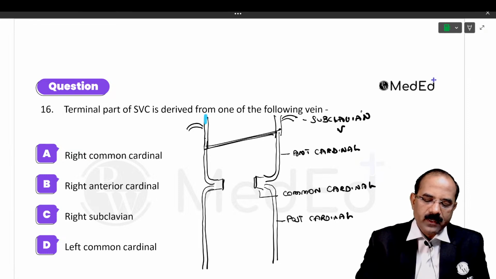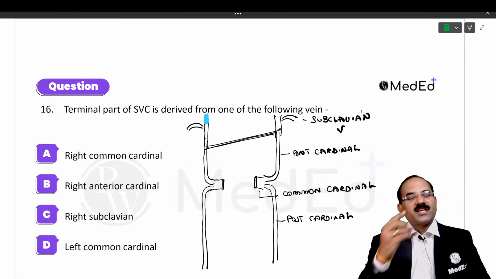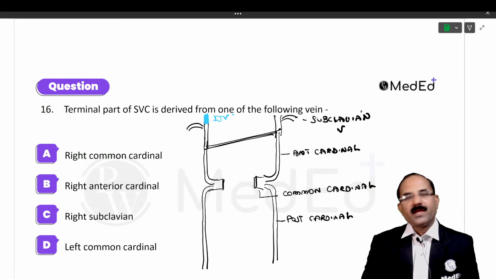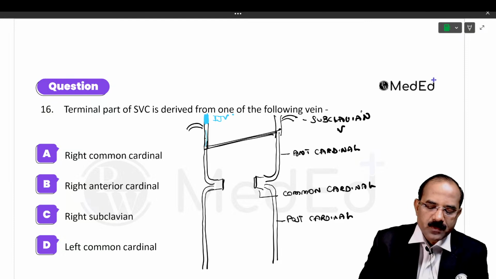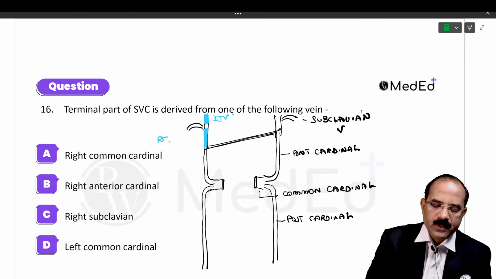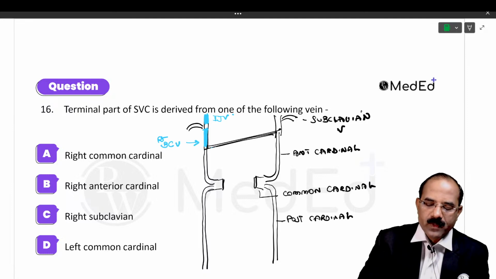Okay, so now you tell me, what is this vein going to form? The part of the anterior cardinal vein above the attachment of subclavian vein. ये क्या बनेगा? Internal jugular vein. This part of the anterior cardinal vein below the attachment of subclavian. ये क्या बनेगा? That's the right brachiocephalic. ये क्या बनेगा?